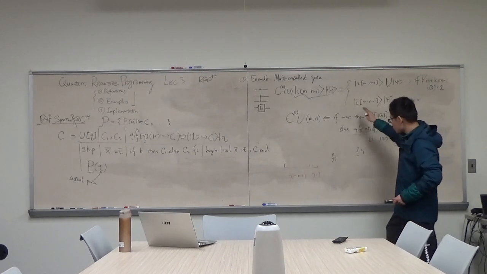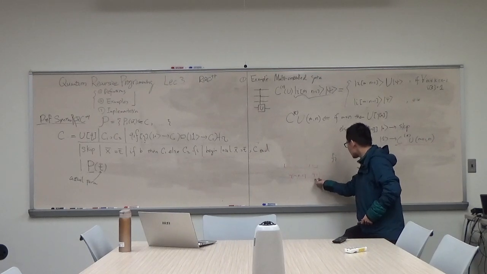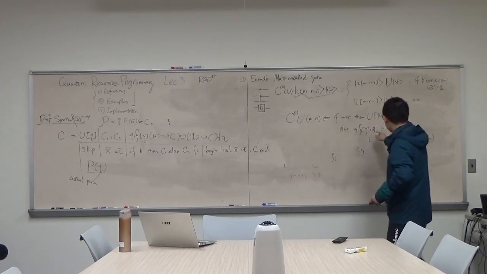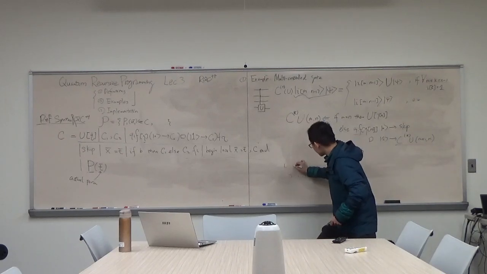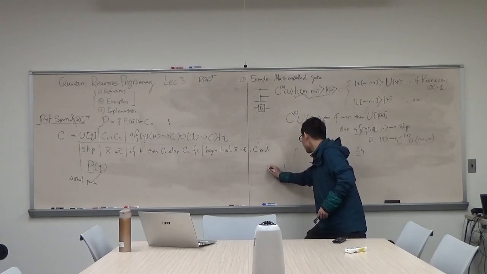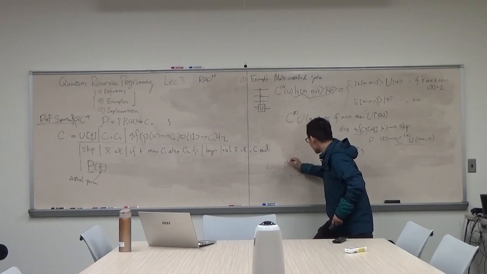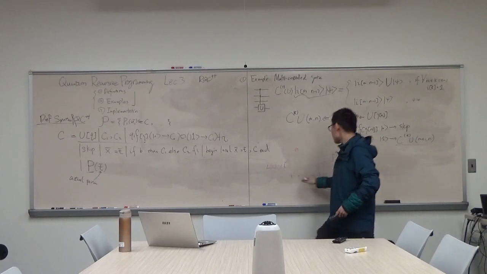So what the program does is, if there's no control qubit, you just apply U on the last qubit. Otherwise, you check q_m.